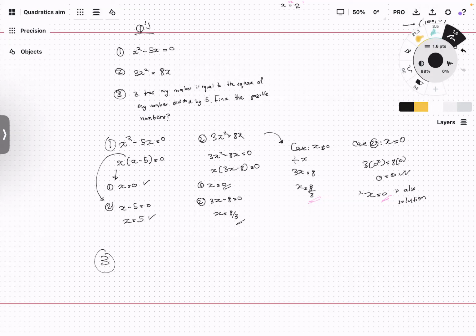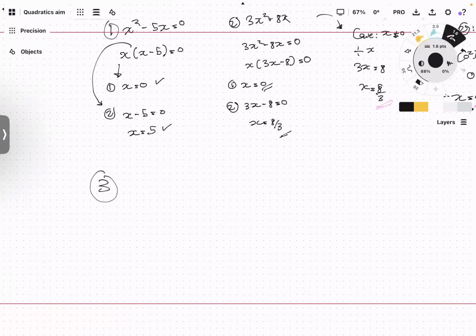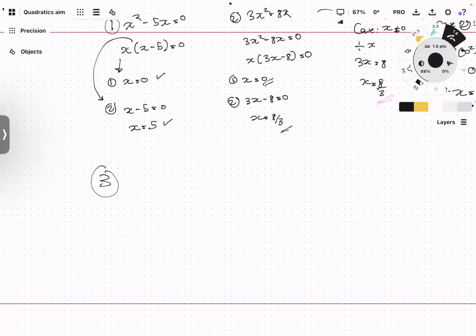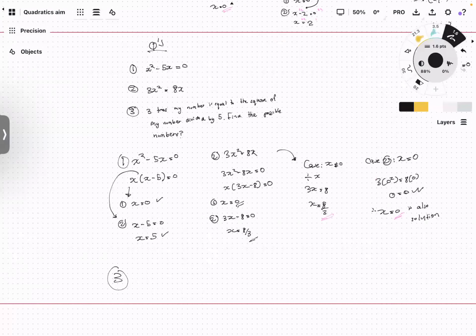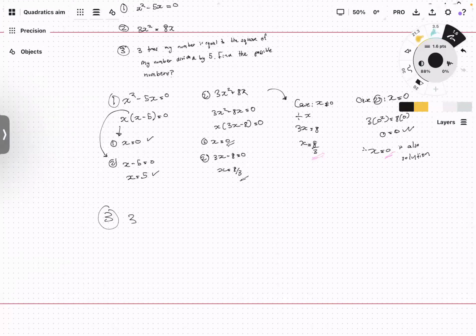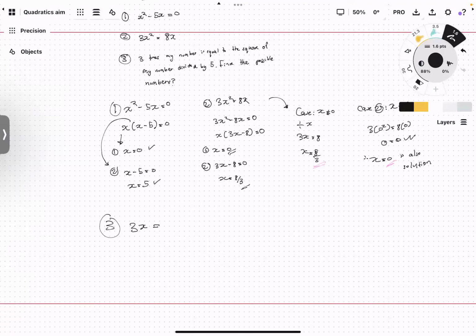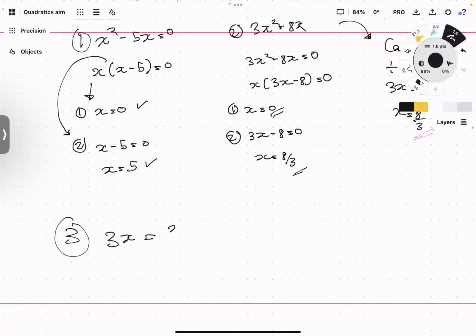So what you can do is let your number be some variable. Easiest, for simplicity, let's say it's x. You can pick n for number. Doesn't matter. It will be the same equation in the end. So 3 times my number, which is 3 times x, is equal to the square of my number divided by 5, which is x squared over 5.